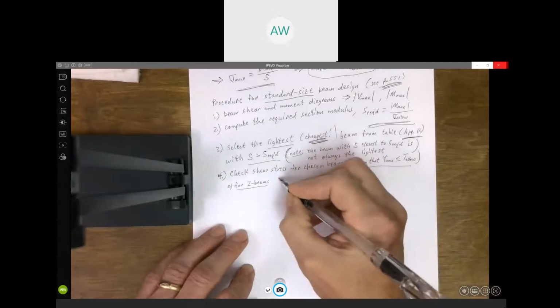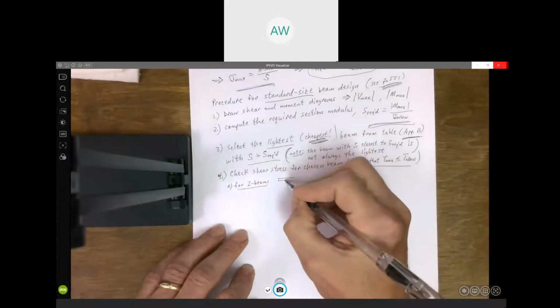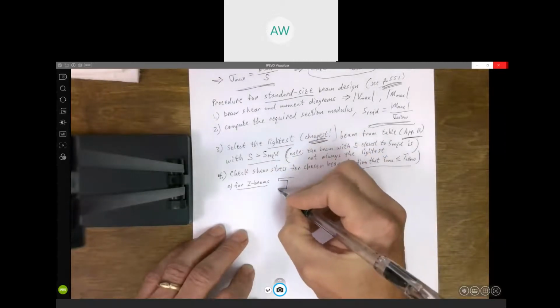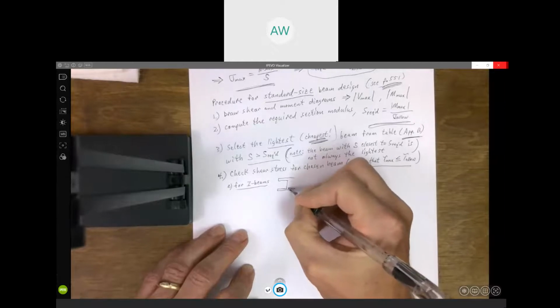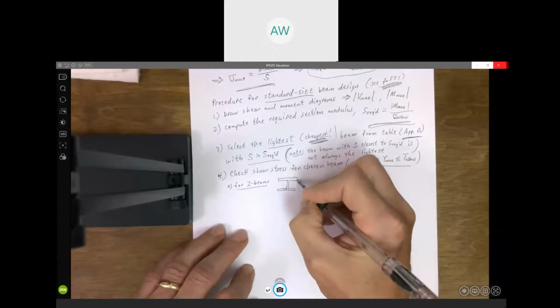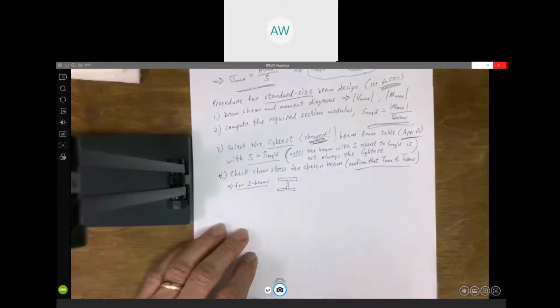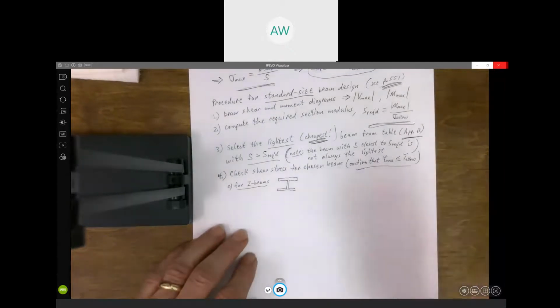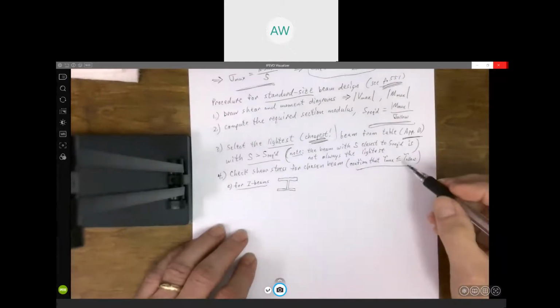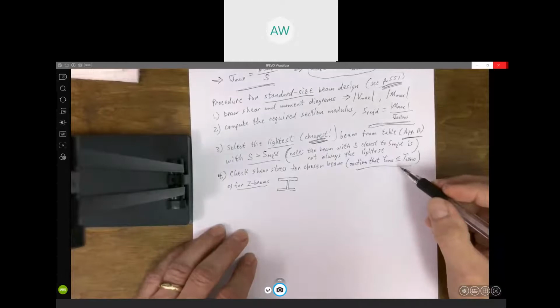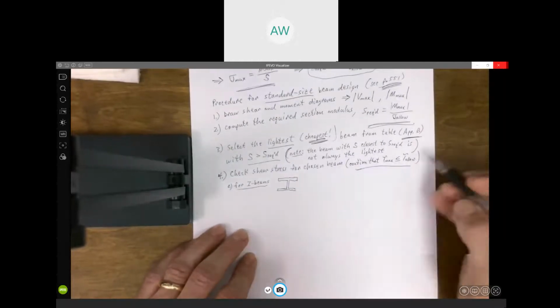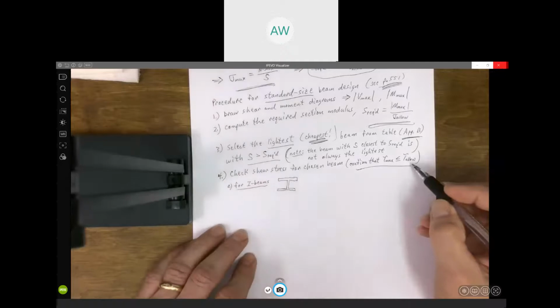here's where we can use that approximation I told you about back when we were in chapter 7 and doing shear stress. Because we don't actually need to know what the actual maximum shear stress is. All we need to know is that the maximum is less than the allowable.